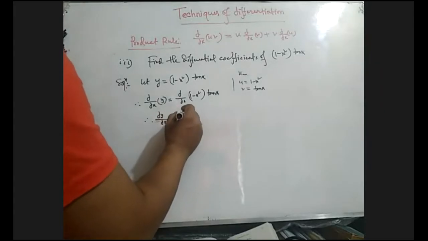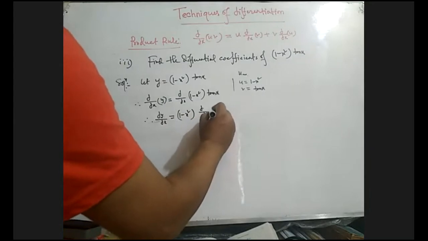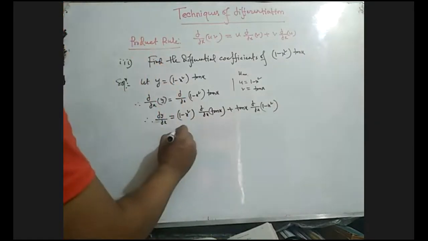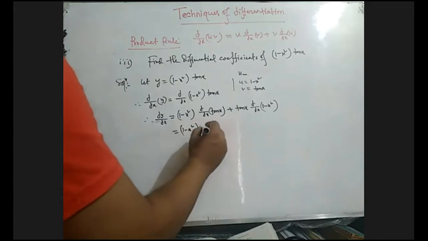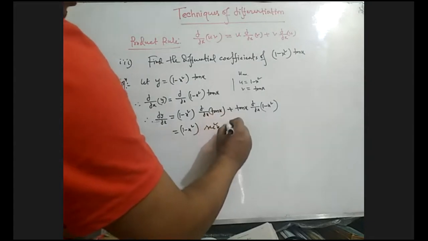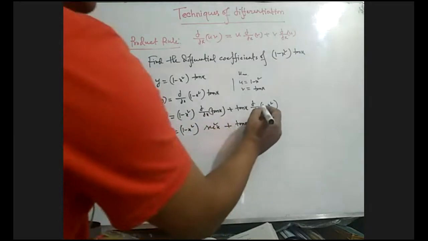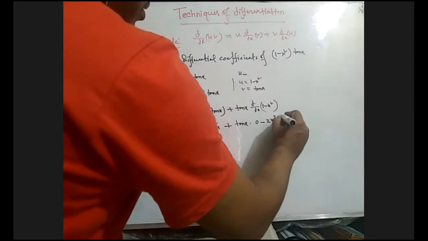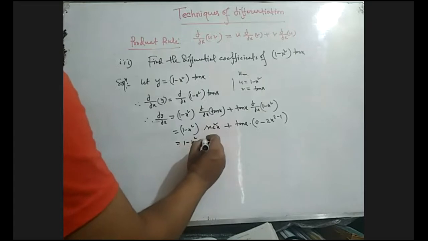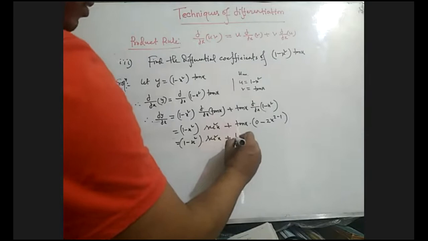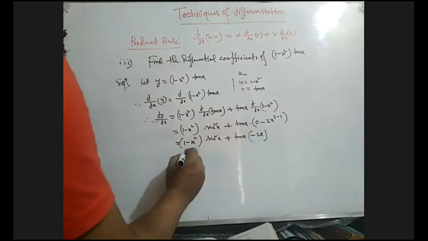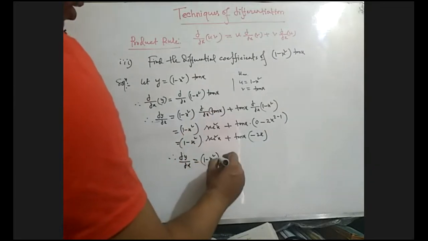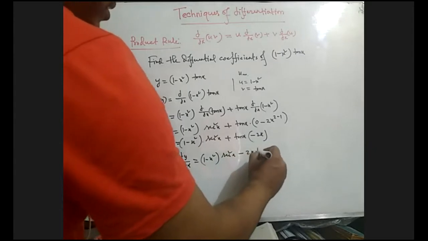So differentiating with respect to x: 1 minus x square into the differentiation of tan x, sec square x, plus tan x into the differentiation of 1 minus x square. 1 differentiation is 0, and x square differentiation by the power rule gives minus 2x. Therefore the differentiation of this will be 1 minus x square sec square x minus 2x tan x.